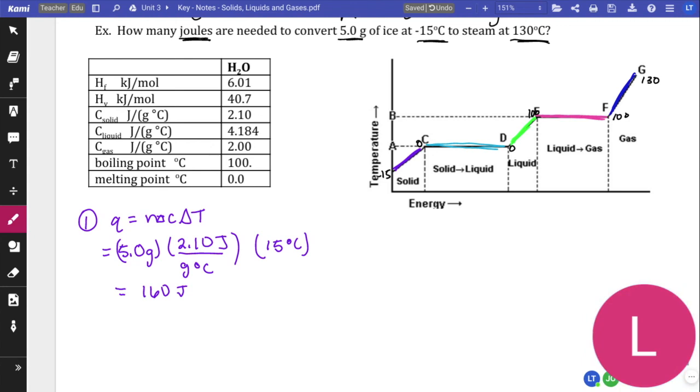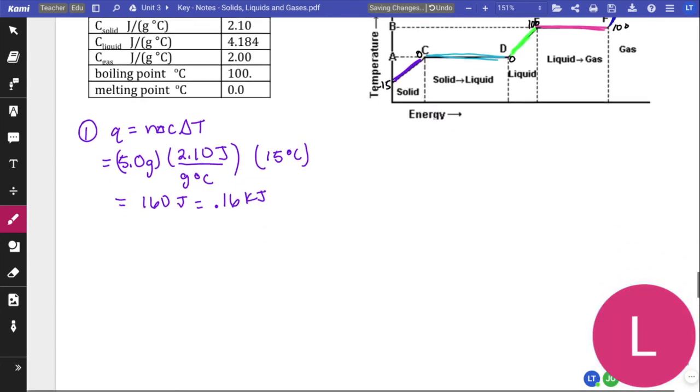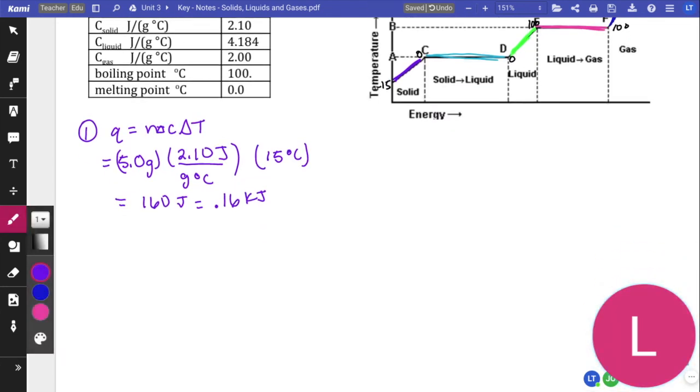Now I'm just going to go ahead and tell you, at the end of this problem, it's going to be a little easier to do our sig figs with kilojoules, and some of our answers are going to end up in kilojoules. So I'm going to convert to kilojoules for right now. I basically just divide by 1,000 to get my kilojoules from my joules, and I get 1.6 kilojoules for segment number 1.